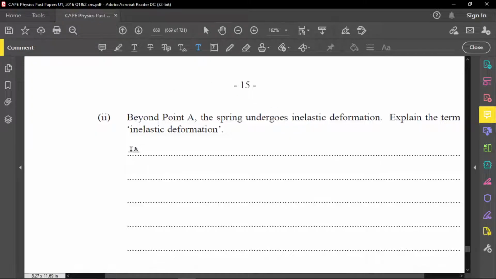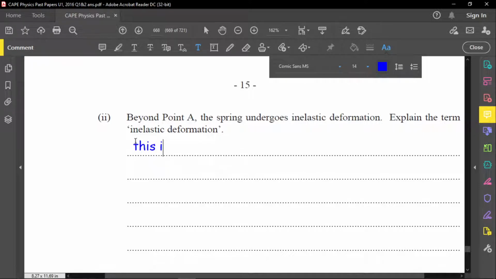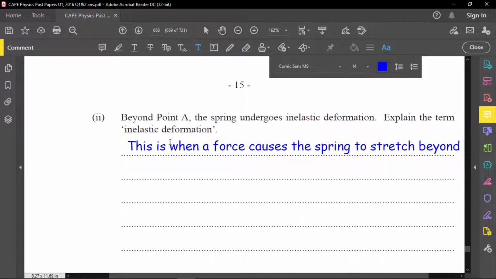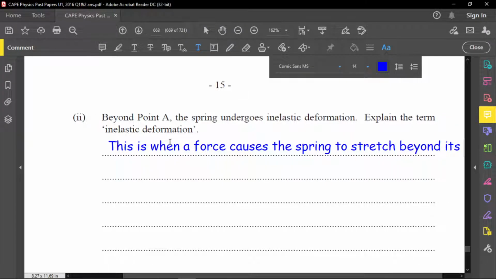And so this is when a force causes the spring to stretch beyond its elastic limit.